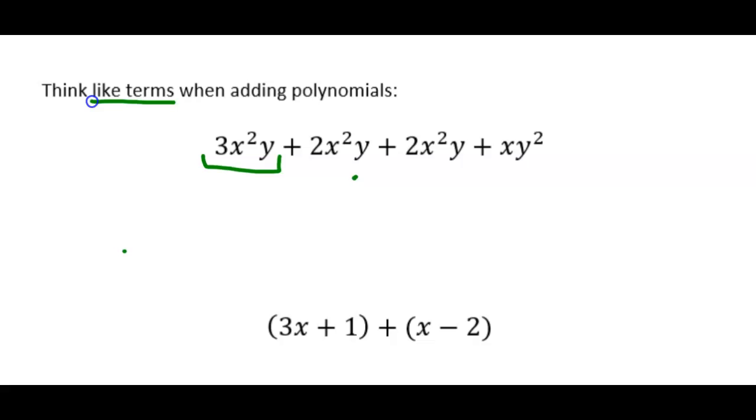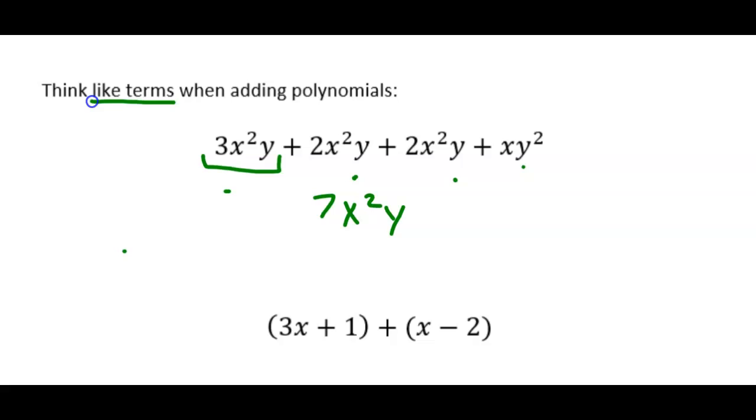The same thing. How many x squared y's are in that first pile? There's 3 in that pile. How many are in this pile? 2. How many of those do we have all together so far? 5. Is this a like term with that? Yep. So then, how many of those do we have all together? 7. So we have 7x squared y.